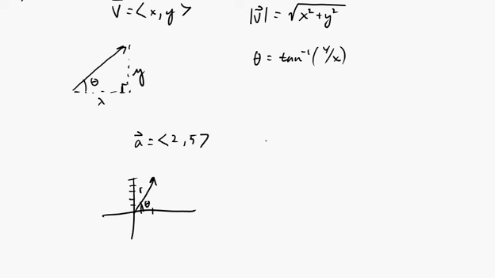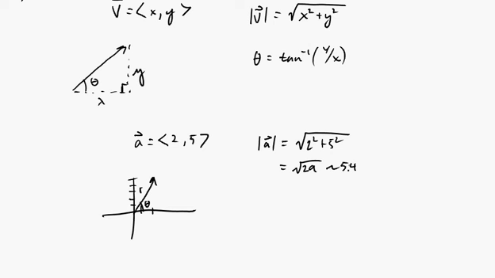So the magnitude, I keep writing r because that's the other way to write it. The magnitude is going to be where I take 2 squared plus 5 squared and square root. So that'd be 4 plus 25. That'd be the square root of 29. Now, as a decimal, square root of 29 is a little over 5, about 5.4.